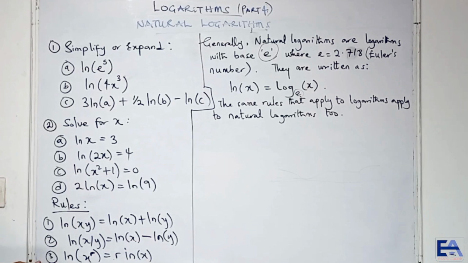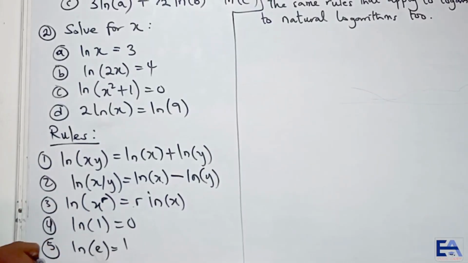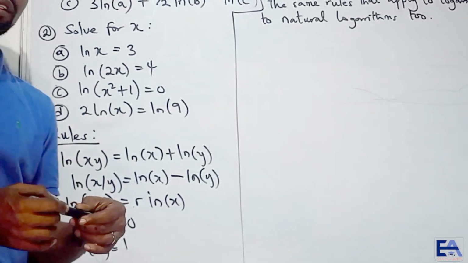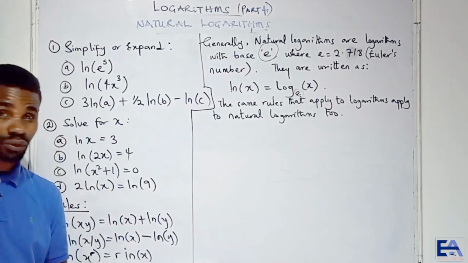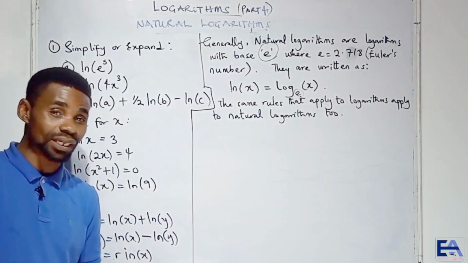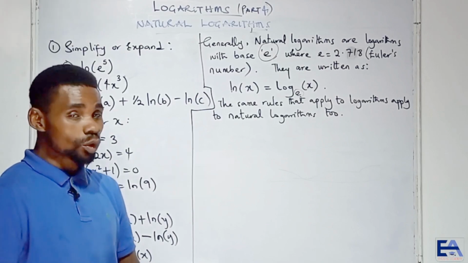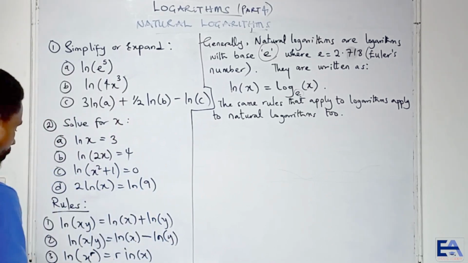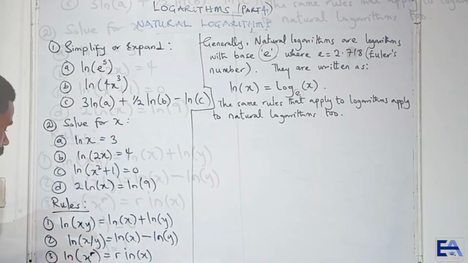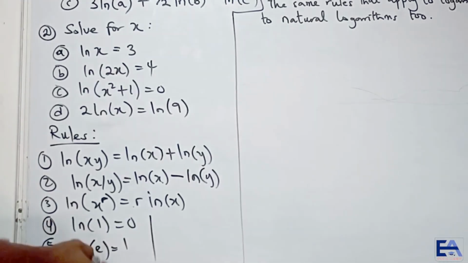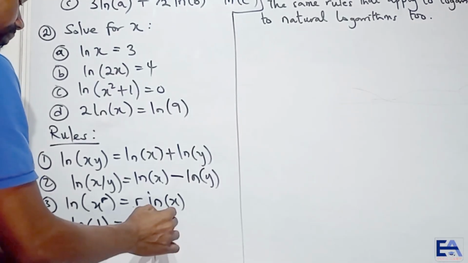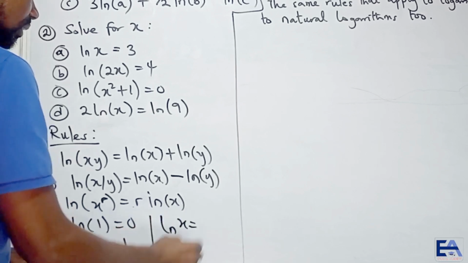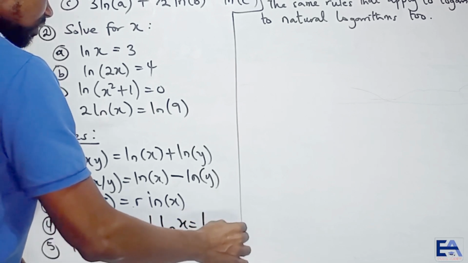And then ln 1 is equal to 0. Like I told you earlier, the logarithm of 1 is always equal to 0 regardless of the base. And then here we have it, ln e is equal to 1. How do we come about this? Remember that ln x is equal to log x to base e.